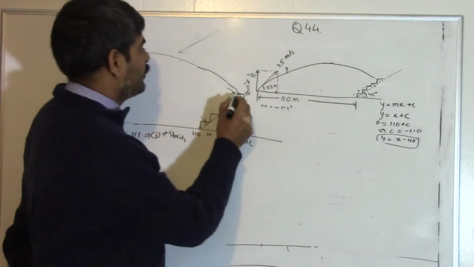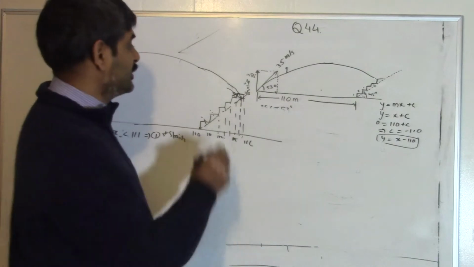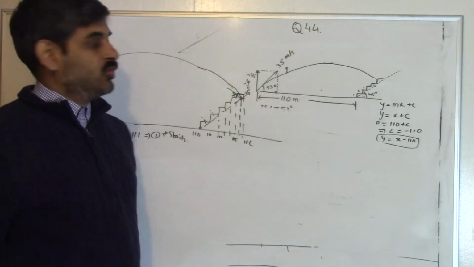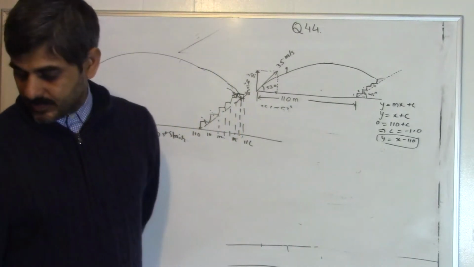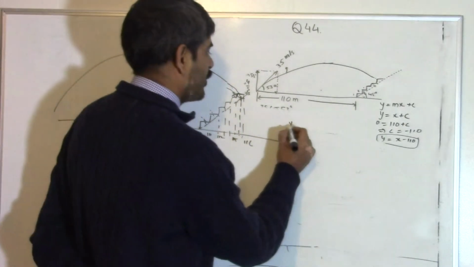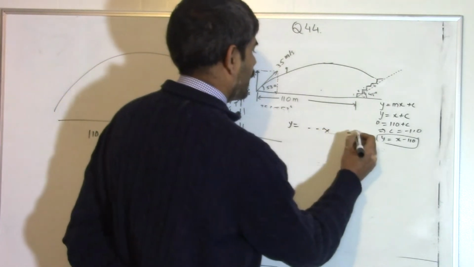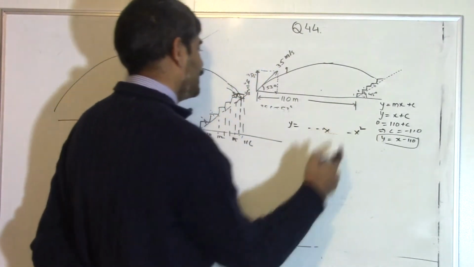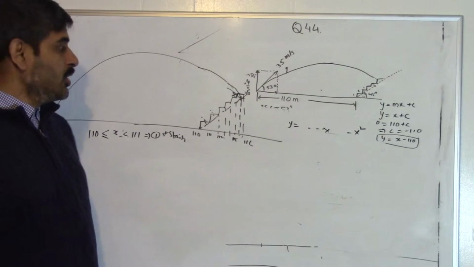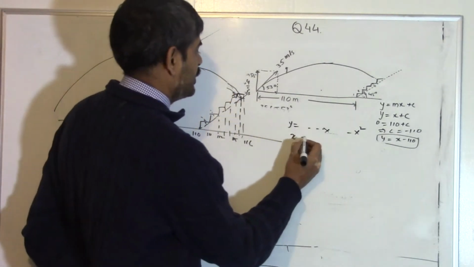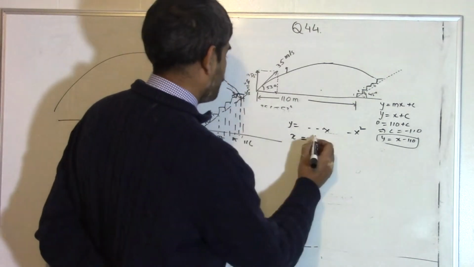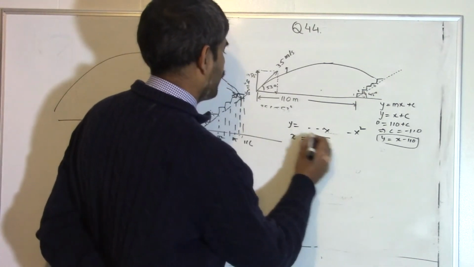Now the equation of this line, how do we find whether it hits through this or this? To do that, I derived this equation, where y is equal to something x minus something x square. In that equation, we need to find its intersection with this line, x equal to 115.